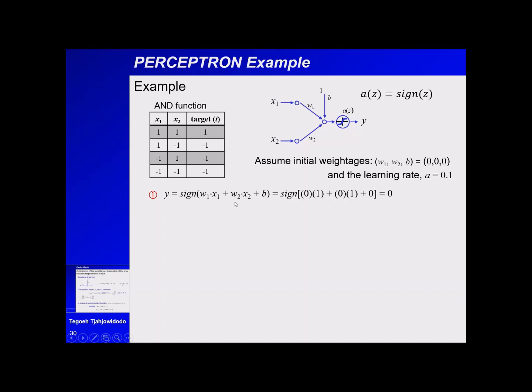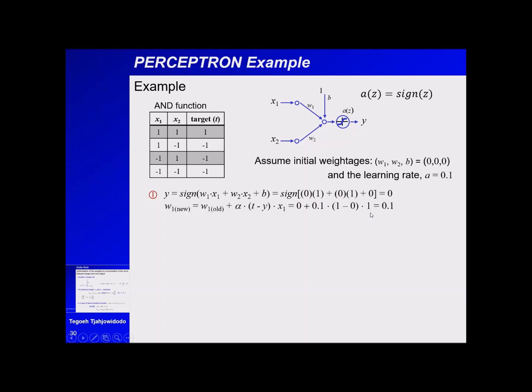So signum of this value will be equal to signum of 0 times 1, I start with the first data set, plus 0 for W2 times 1, the second input of the first data set, plus the bias 0. So this will be equal to 0. Signum of 0 is 0.